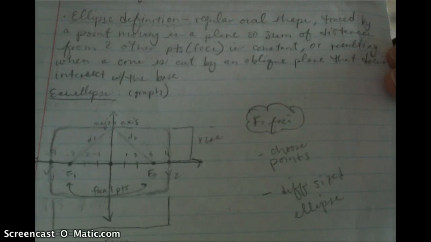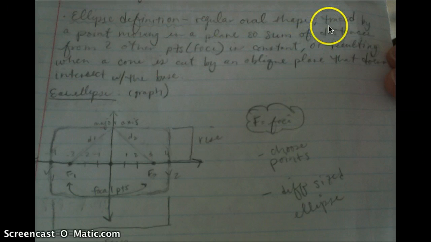This is Amy Honick, and I will be doing my math project on how to create an Etch-A-Sketch Ellipse. For my definition of an ellipse, I am going to use, I guess, the second one in this series.